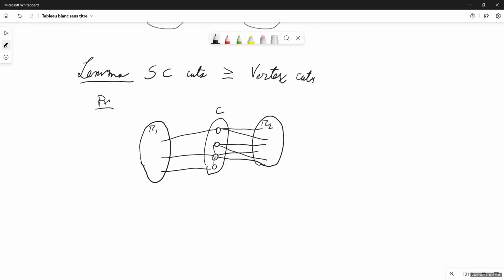To cut it with vertices, your cut size will be the size of C, but you can always emulate this cut by considering this vertex with all of its neighborhood on one side, doing the subgraph complement that will remove all of the edges that are between C and pi2. Then you repeat this process for all of the vertices, and you can basically emulate the same cut you were doing with vertex cut with subgraph complement cut.